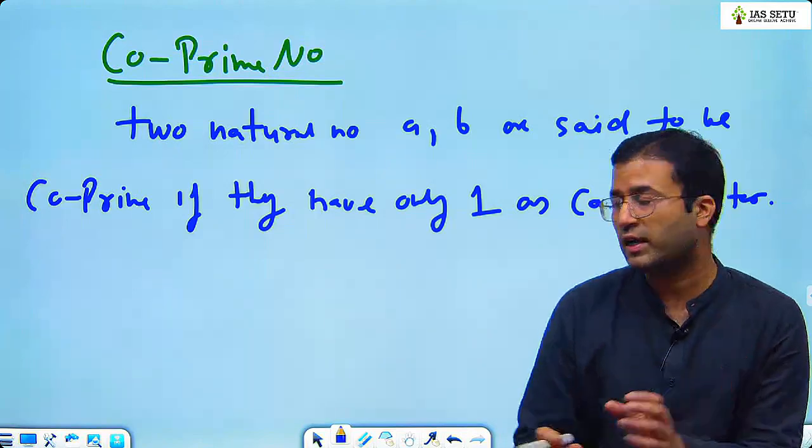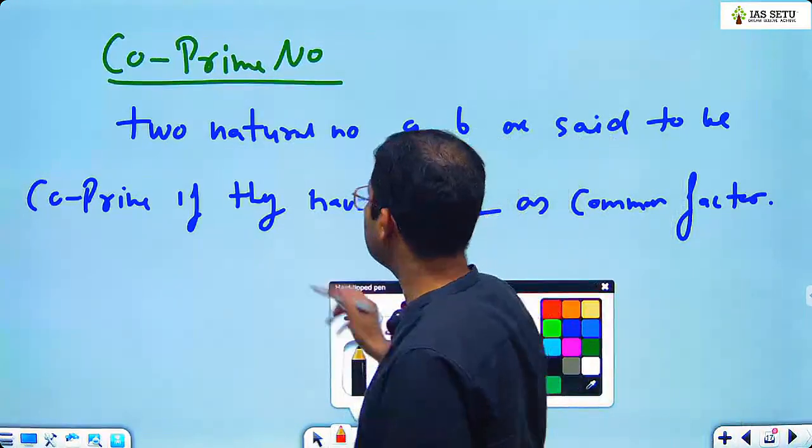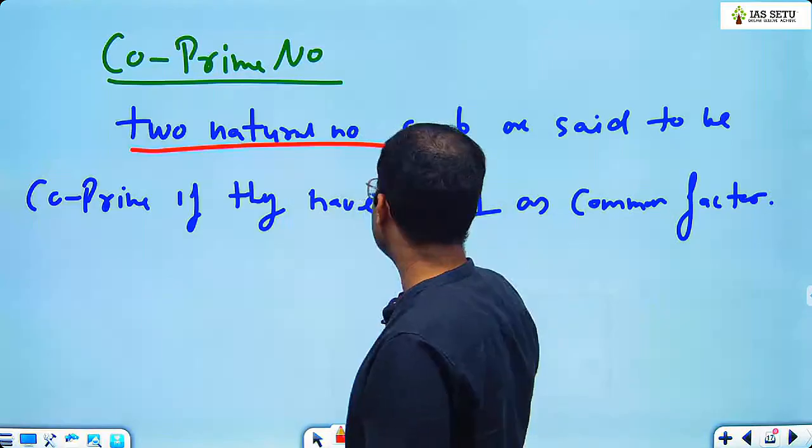You have to underline 2 points. क्या क्या चाहिए? नेचुरल नंबर होने चाहिए and only one.